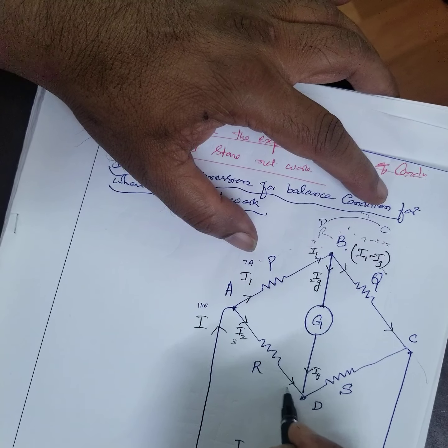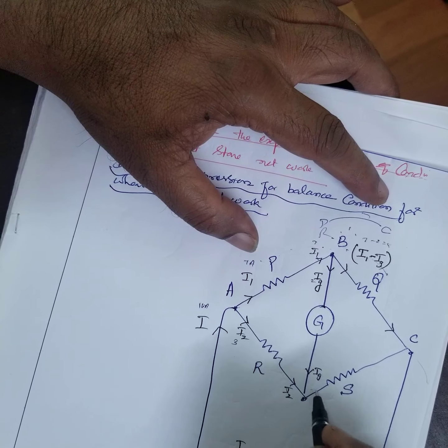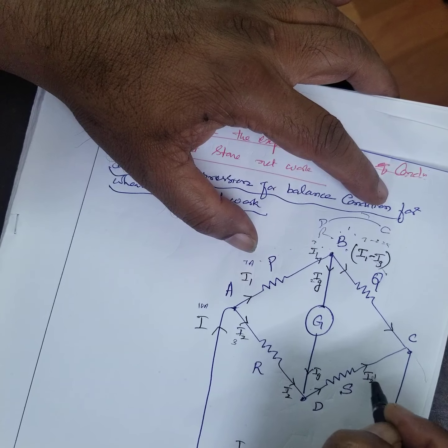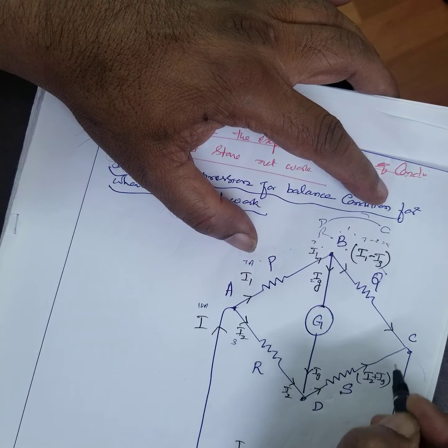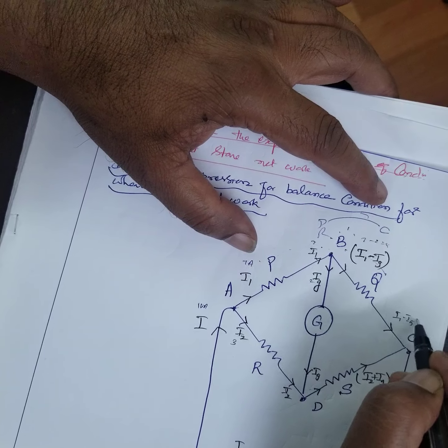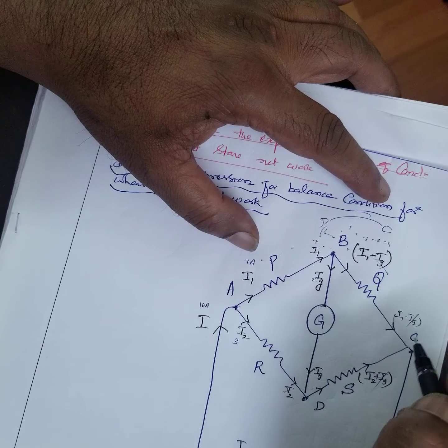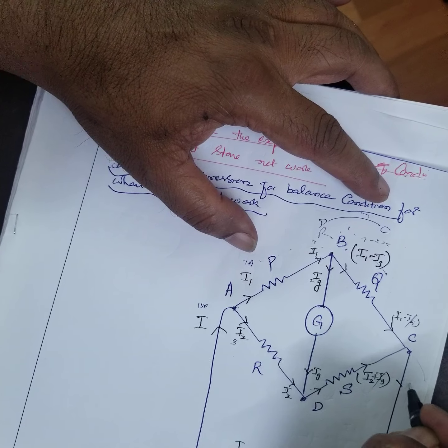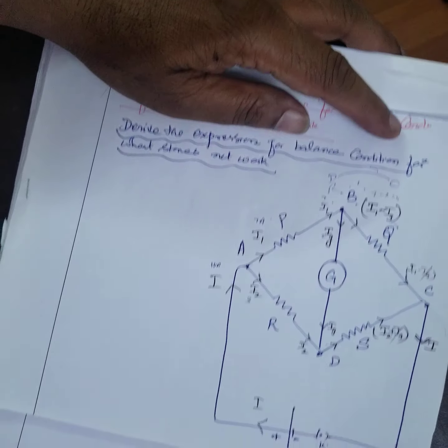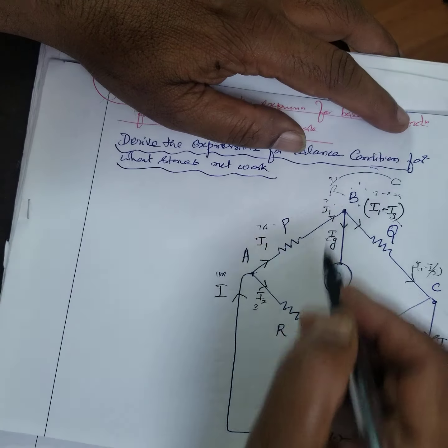Here is I2. Ig and I2 join together and it becomes I2 plus Ig. They join together here. You see, I1 minus Ig plus I2 plus Ig, the Ig and minus Ig get cancelled. I1 plus I2 gives I. Easy to remember, isn't it?